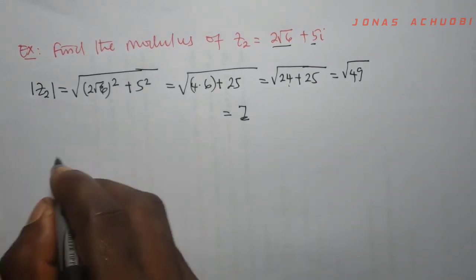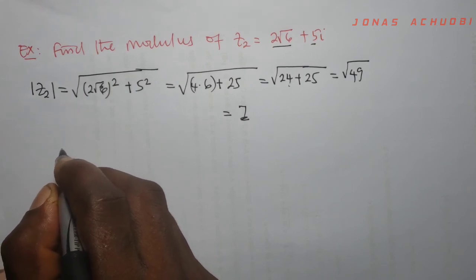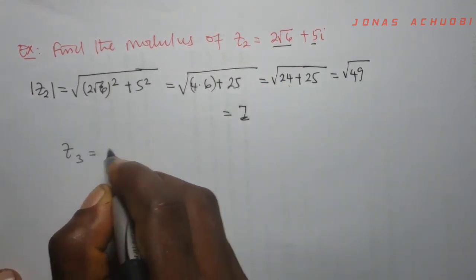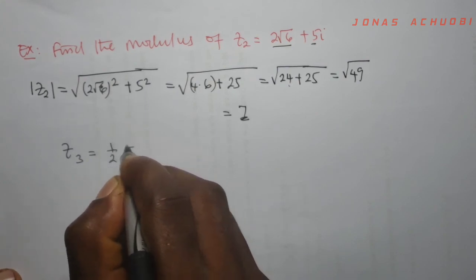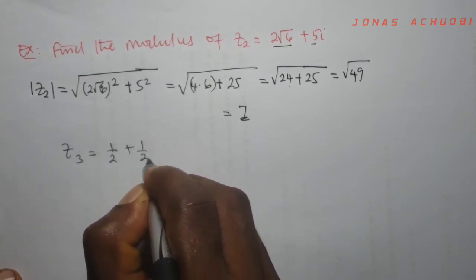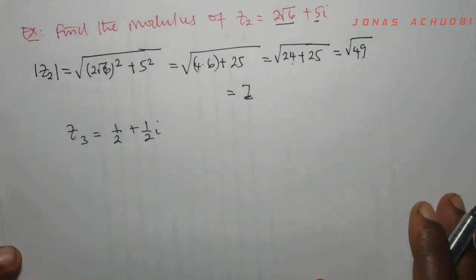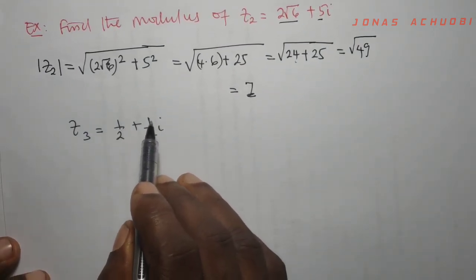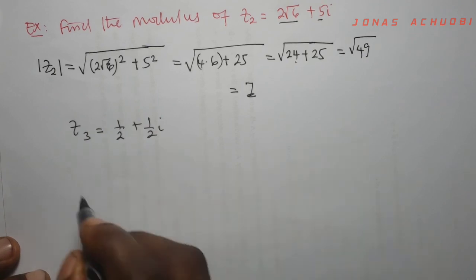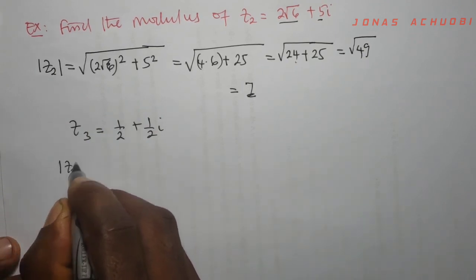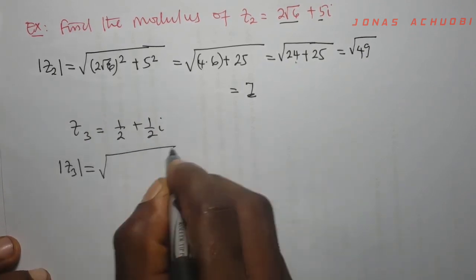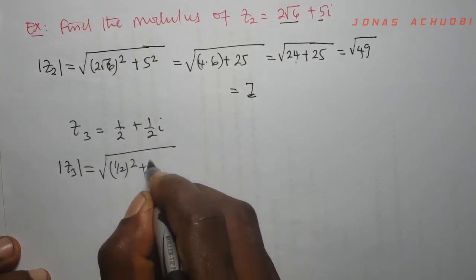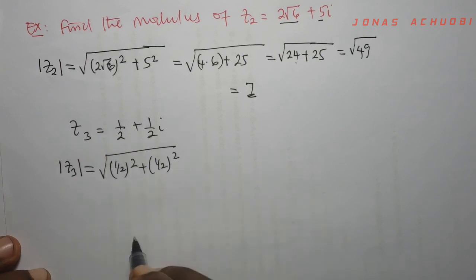The last example. If we want to find the modulus of the complex number z3 equal to 1 over 2 plus 1 over 2i. In this case, the real part is 1 over 2 and the imaginary part is also 1 over 2. So the modulus of z3 is equal to the square root of (1 over 2) squared plus (1 over 2) squared.